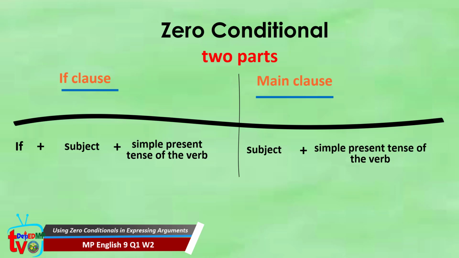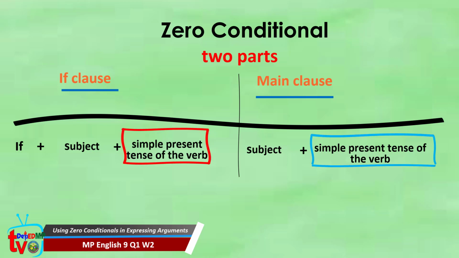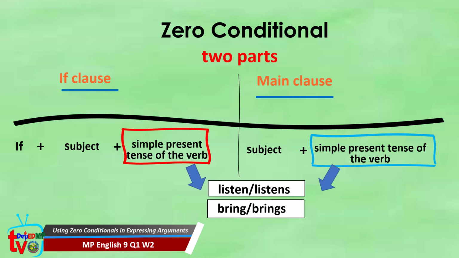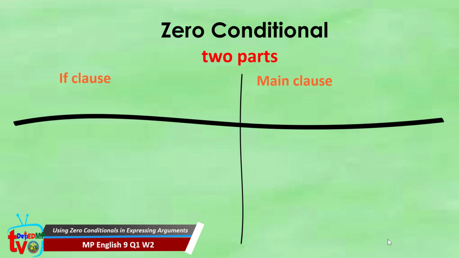Yes, you are correct. Both make use of the simple present tense of the verb. Again, here are some examples of verbs in the simple present tense. Listen or listens. Bring or brings. And smile or smiles.